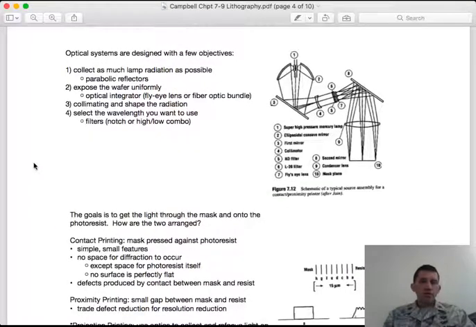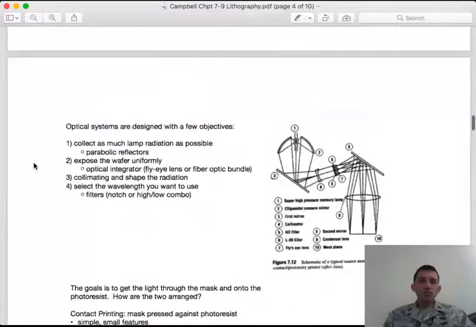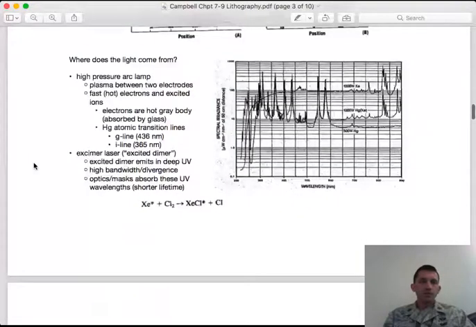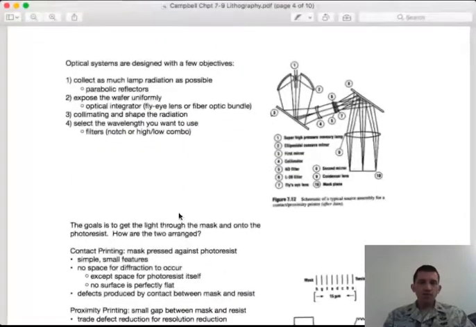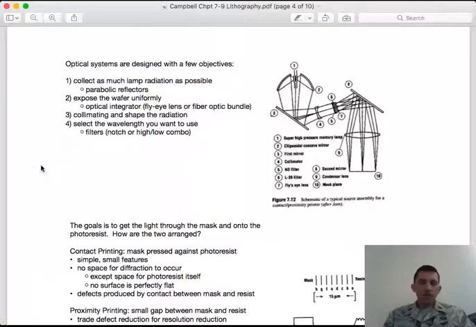All right, so you generate the light with, say, an excimer laser or an arc lamp, and then what do you do with it? Well, you have to get it to your mask. And so a typical system might look something like this, where you have your arc lamp and then collectors that collect as much of that emitted light.